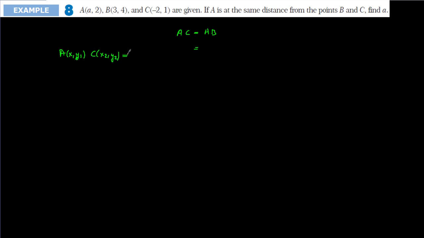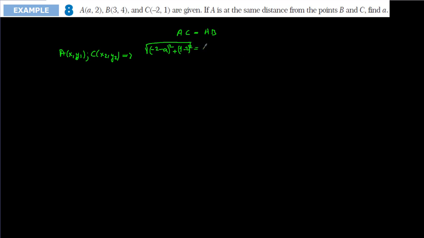which means that AC should be equal to the square root of (x2 minus x1) here, (minus 2 minus a) square, plus (1 minus 2) square.